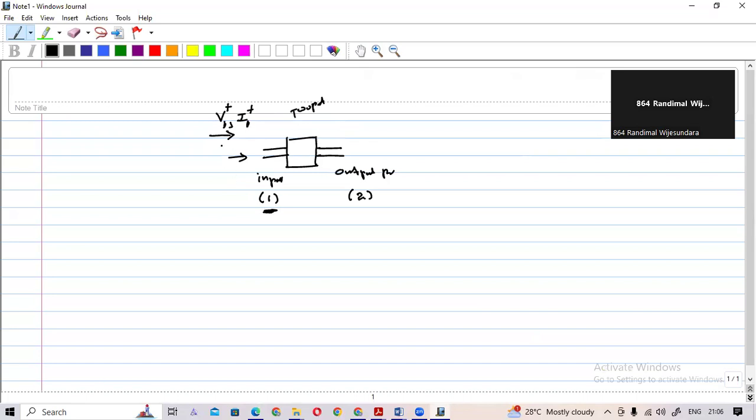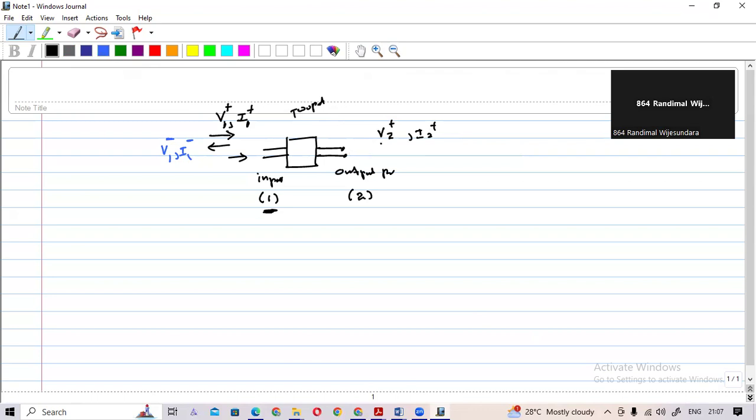Okay, and there are some reflected voltages and currents also. So those are V1 minus, I1 minus. Okay, and if you consider the output port, the same are there, V2 plus, I2 plus, because we define this port as 2.